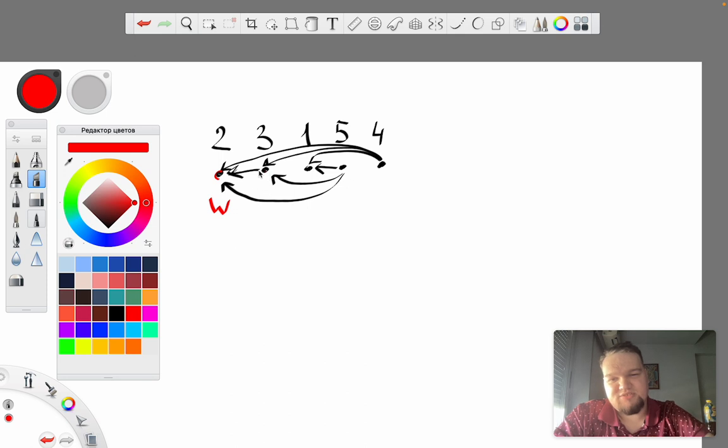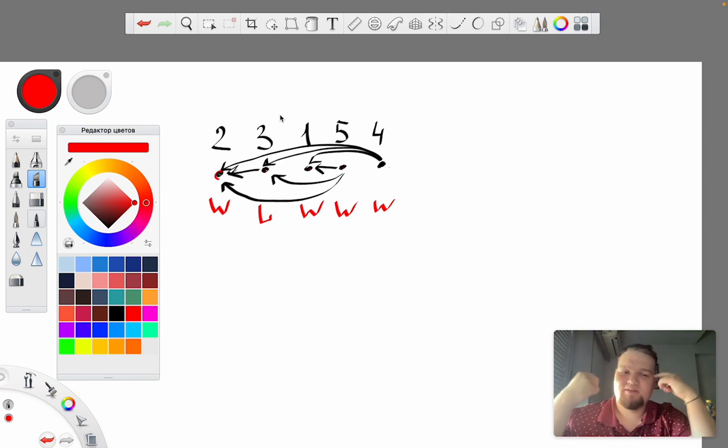Then this one is losing because we have only one move and it goes to the winning state. This one is winning, this is losing, and both of those are winning because from them we can move to this state, which is losing for our opponent.